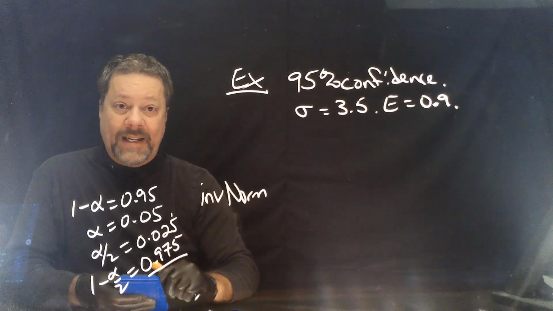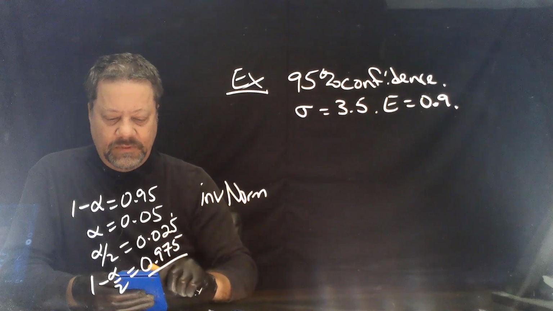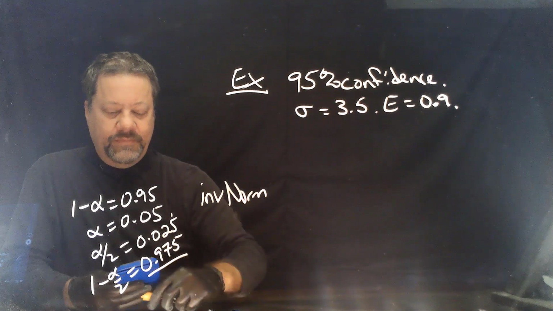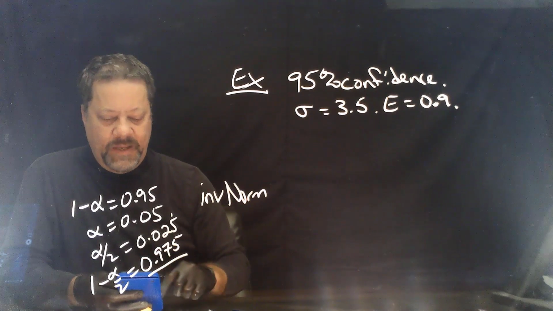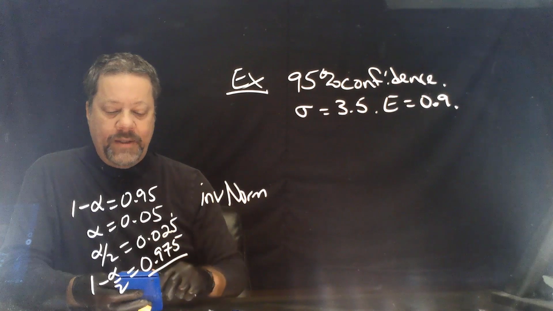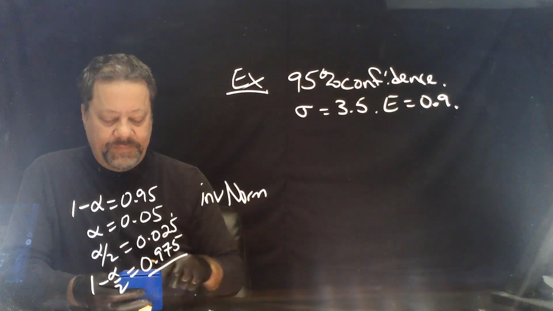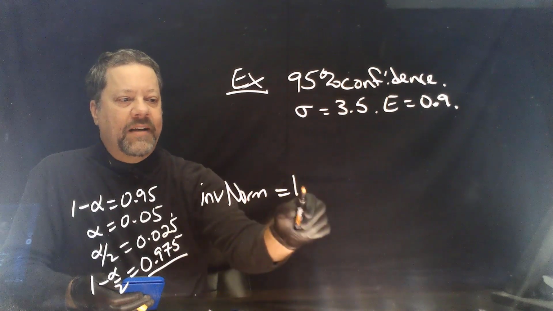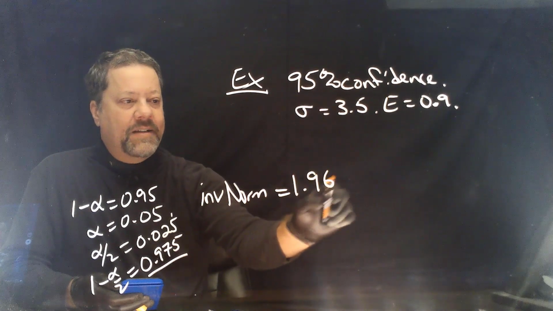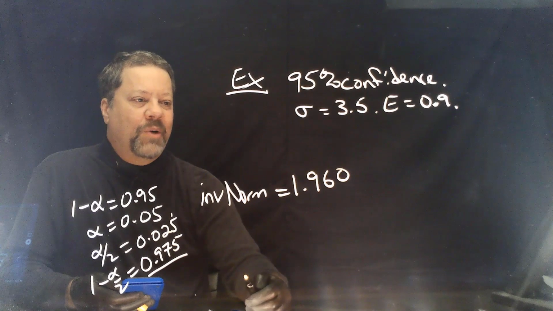We go to second distribution, inverse normal, area is 0.975, mean and standard deviation are 0 and 1. We use the left tail, and we'll get the critical z of 1.960, rounded appropriately.